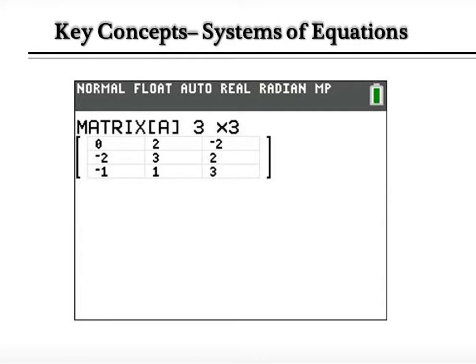And in the third equation, it was negative 1x, 1y, 3z's. I now am done with that one. I'm going to push second matrix, edit, drop down to B or push the number 2, and get ready to put in the constants.